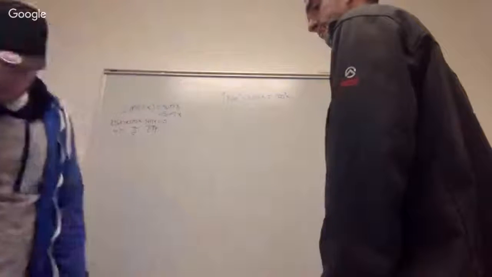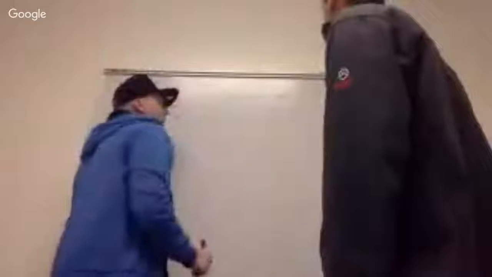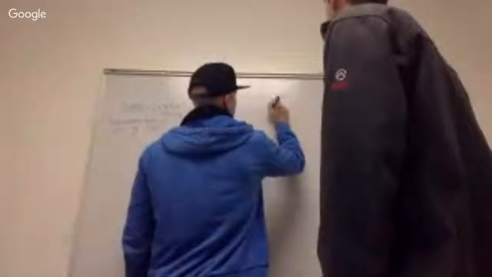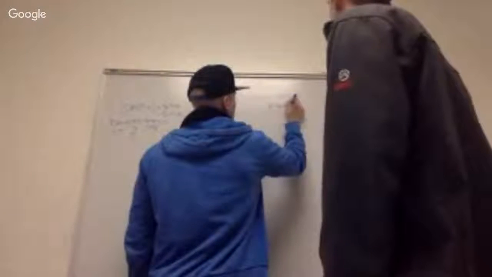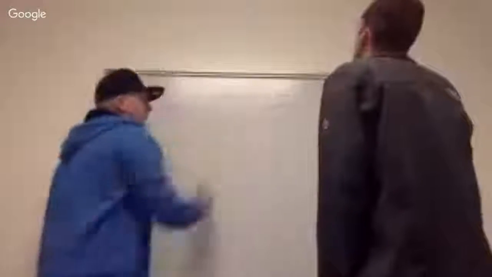Okay, so this is where we have to use our stupid identities. Cosine squared x, if we're using the Pythagorean identity, ends up equaling 1 minus sine squared x, right? So we just get this, and then we're going to take that whole thing and move it to that side.